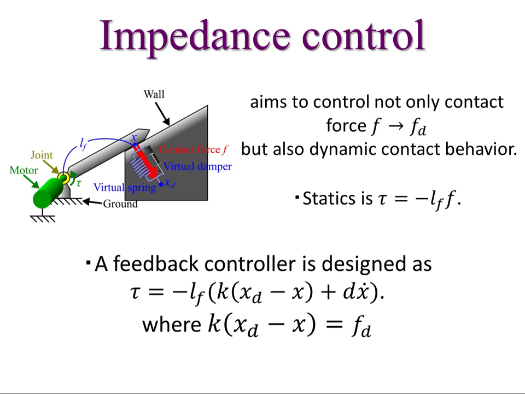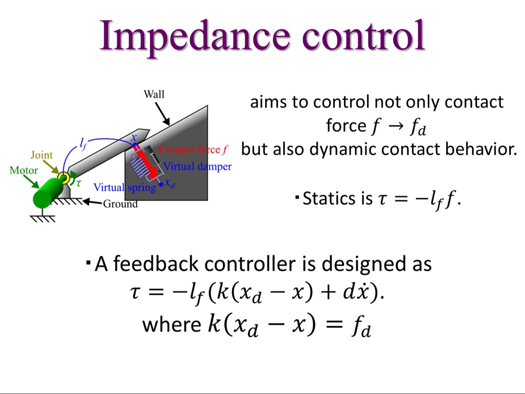Let's set the stiffness K of the virtual spring to satisfy this equation. Then, when the robot is at rest, x dot equals 0, so tau equals minus L F Fd, and the control objective, F equals Fd, is realized just as in the case of force control.